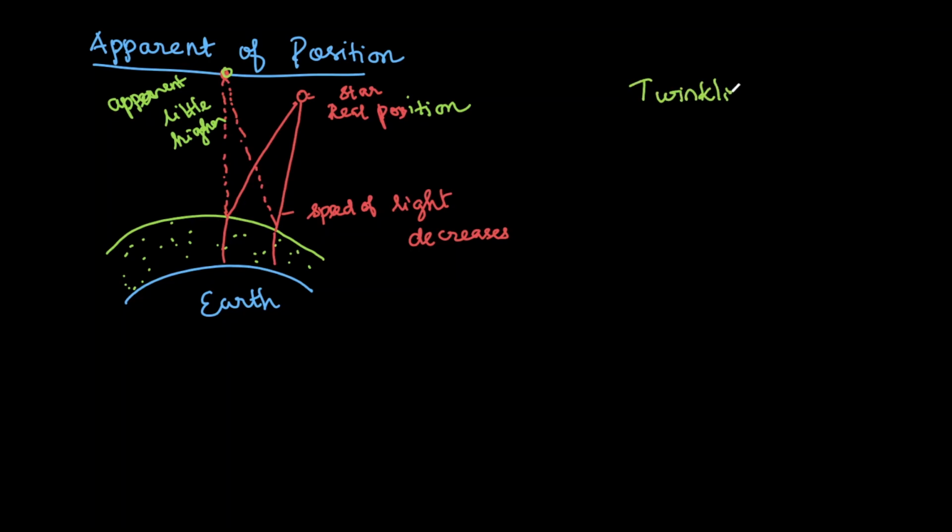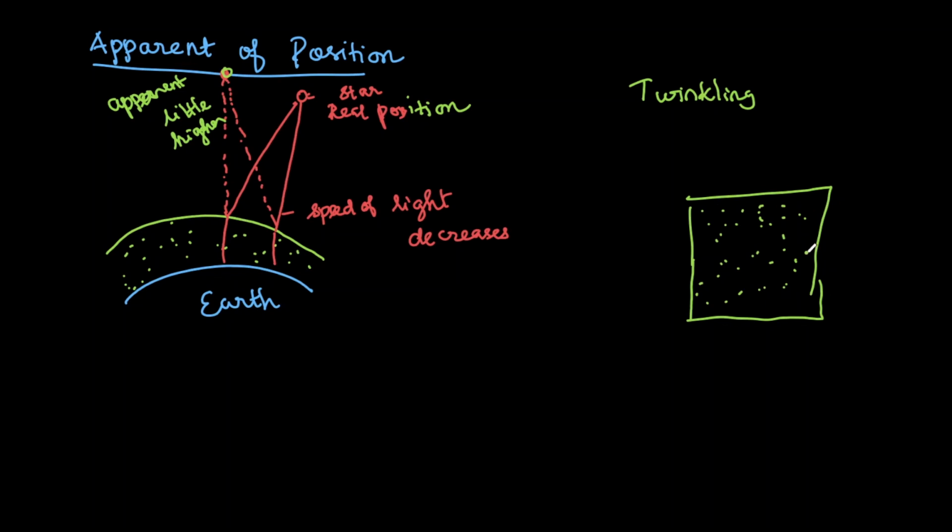The twinkling effect of stars: when the light enters the atmosphere, the atmosphere is like this. It has a number of particles, dust particles, air, a mixture of gases, everything. When light enters here, it continuously bends like this.